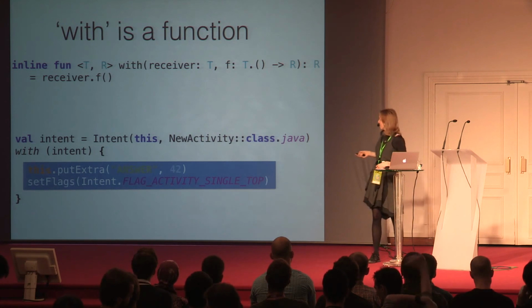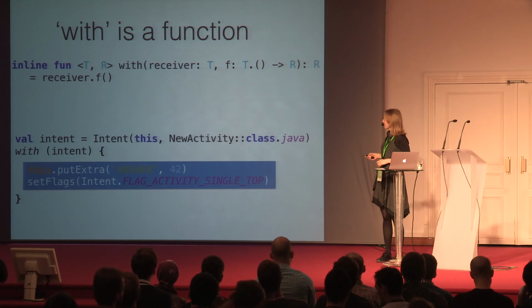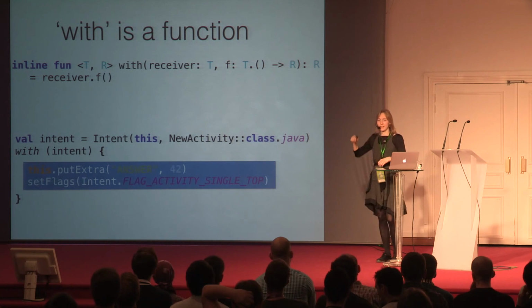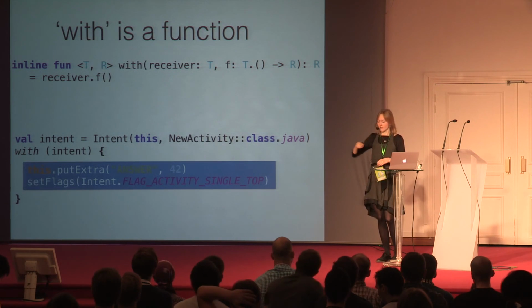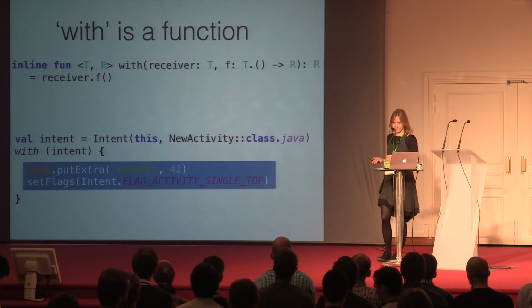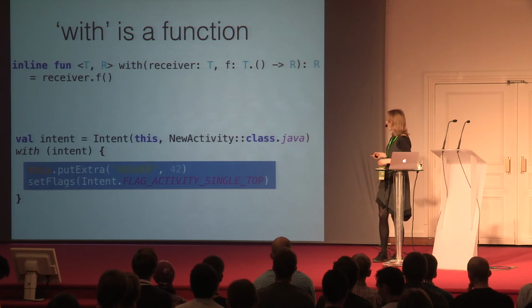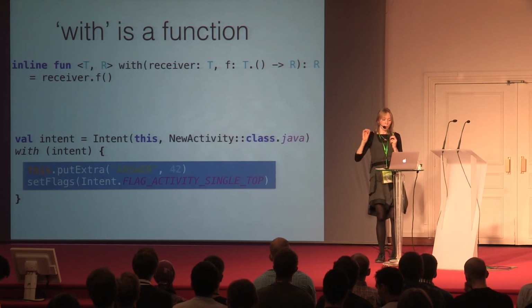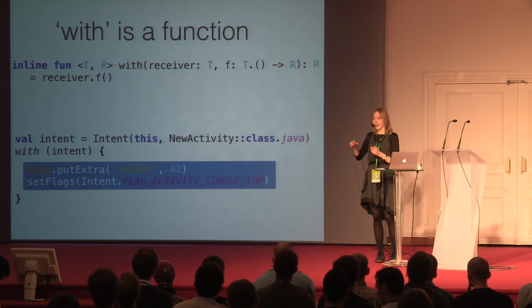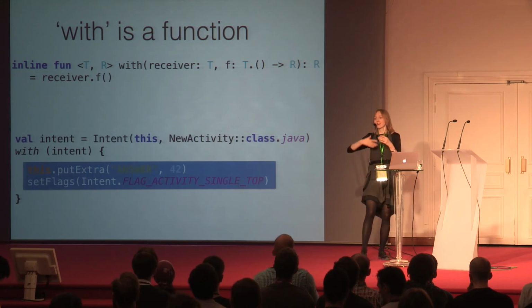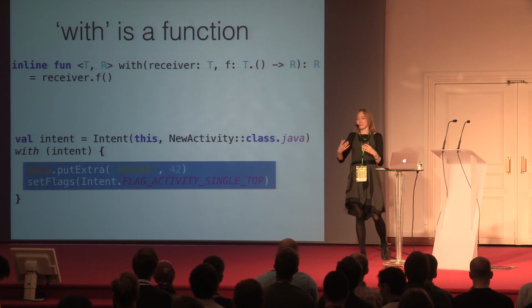It's a new syntax. It might be difficult to understand, but what is going on here? We have a receiver and we have a function that can be invoked on this receiver. And in the body of this function, we just invoke this function on the receiver. And there is how these types are written in Kotlin. So the idea is that in Kotlin, with is a function. And there are lots of other similar concepts that can be expressed in the language.